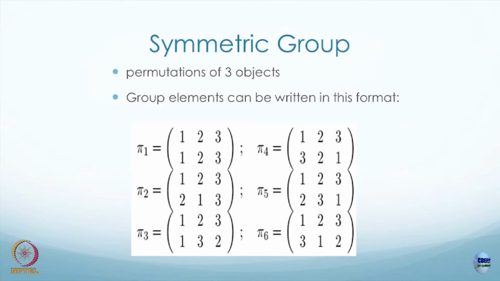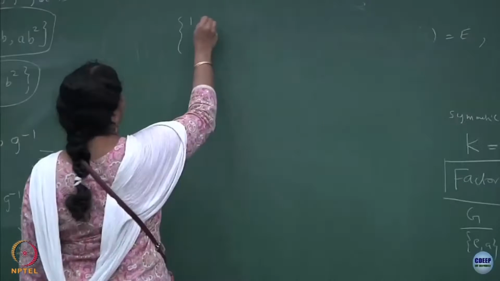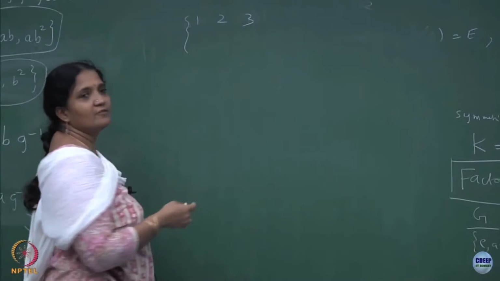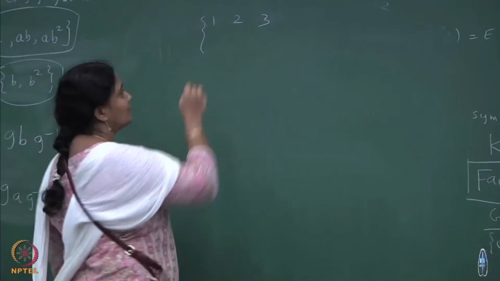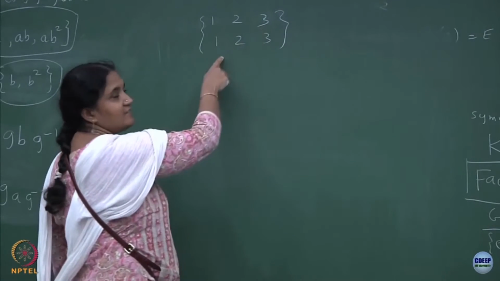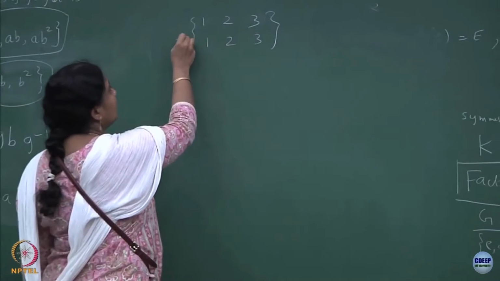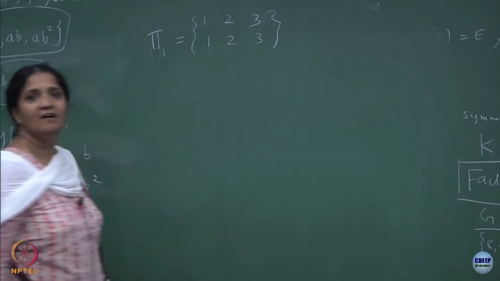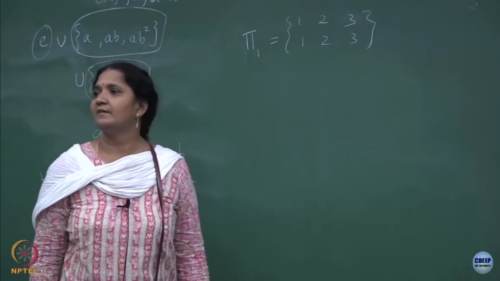Okay. So, first of all, how to write these group elements in the permutation of 3 objects. You start with saying that object 1, object 2, object 3 does not permute at all. So, it remains as 1, 2 and 3. This is the initial configuration, this is the final configuration. This I will call pi 1, actually it is like an identity element in the set.